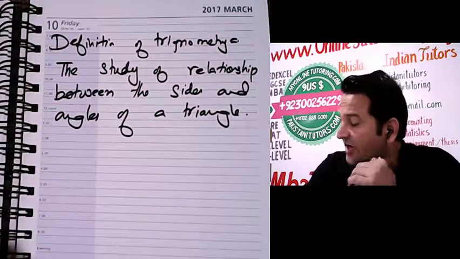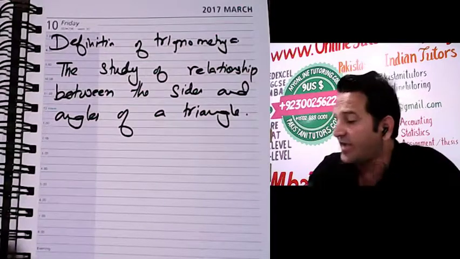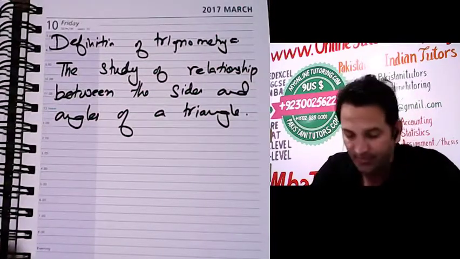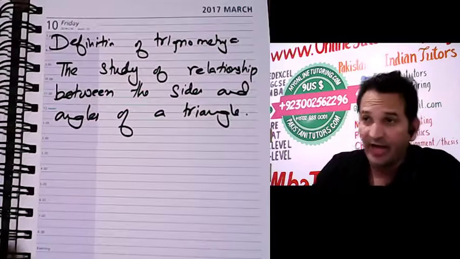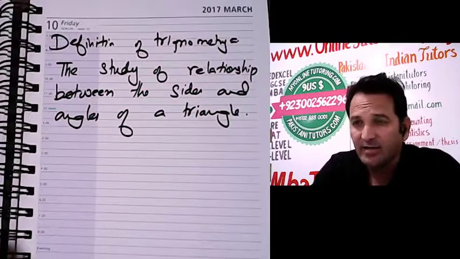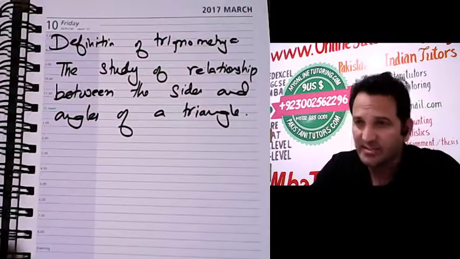It is the study of the relationship between the sides and the angles of a given triangle. And as I have told you before, in any triangle there are 3 sides and 3 angles.